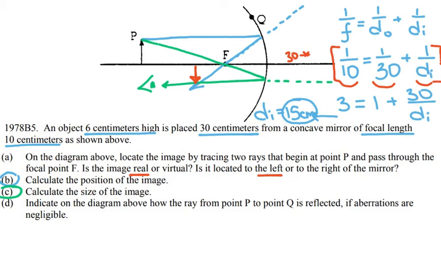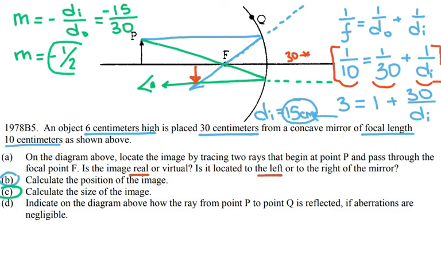For the next one, they ask you to calculate the size of the image. So I have to use the magnification formula. Magnification is equal to negative d_i over d_o. Here d_i is 15 and d_o is 30. So the magnification is negative 1/2.